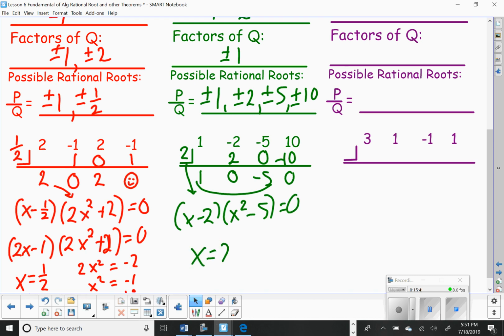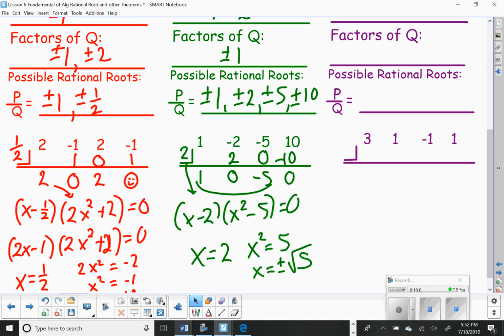X is equal to 2, okay? And then we have x squared is equal to 5, so x is equal to plus or minus the square root of 5. The square root of 5 is awfully close to 2.